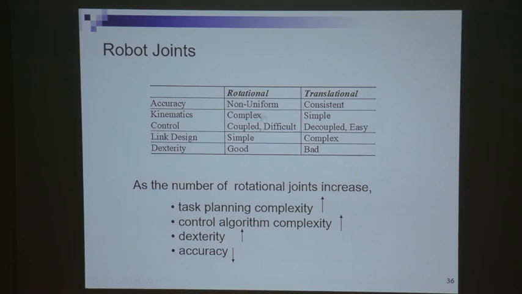For a rotational joint, the kinematic control will be more complex and difficult, while a translational joint will be simple and relatively easy. The link design for rotational will be simple, while for translational it can be complex. Dexterity will be good for rotational and bad for translational. So this is a general comparison, a typical consideration when choosing a rotational or translational joint.